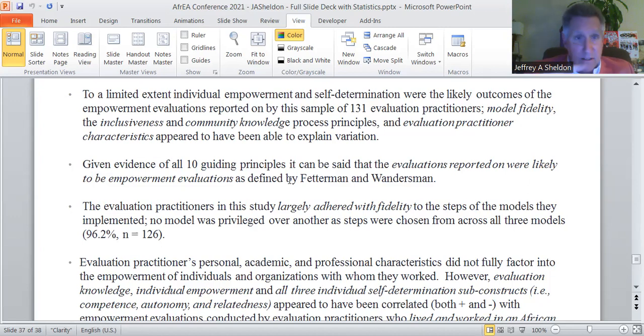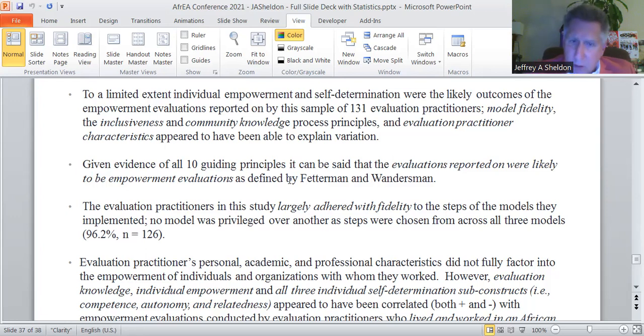So it's model fidelity, adhering with fidelity to a model, including participants, generating this sense of community knowledge, and some individual characteristics of the evaluator. Those are the things that seem to influence the development of empowerment and self-determination.